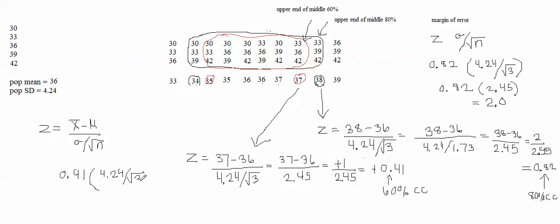We know that the inside of this parentheses comes out to 2.45. Multiply it by 0.41. Multiply these two numbers.